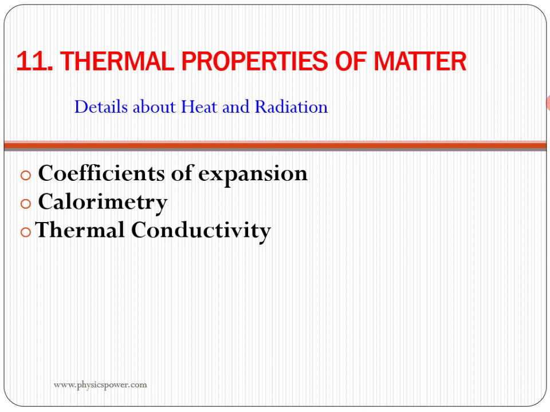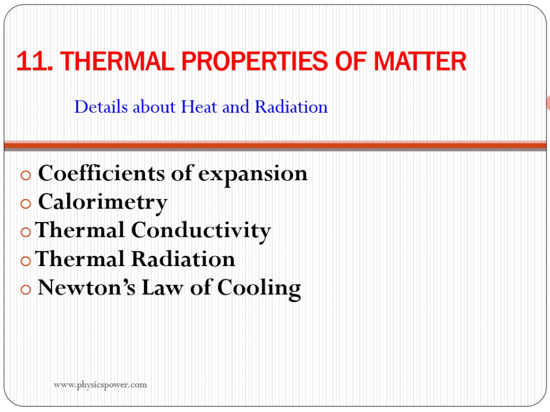So the loss of heat by one body and gain of heat by another body will be equal. So that is equilibrium of heat. And as well as thermal conductivity, thermal radiation and Newton's law of cooling concepts are covered in this lesson.